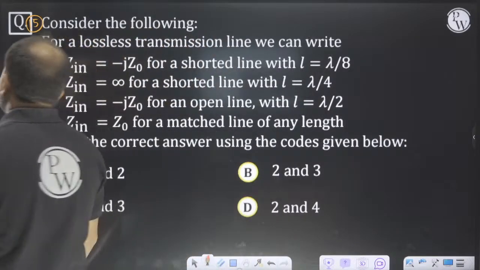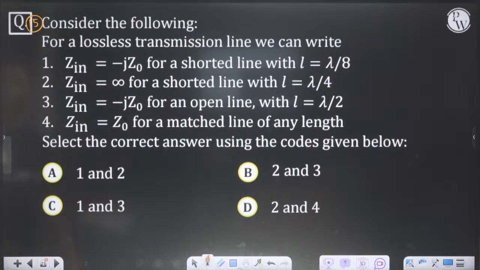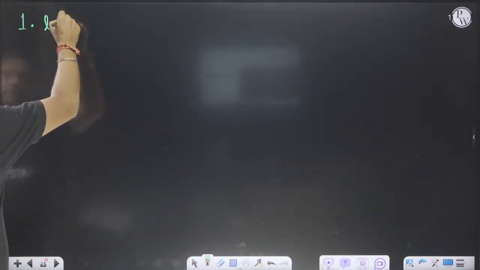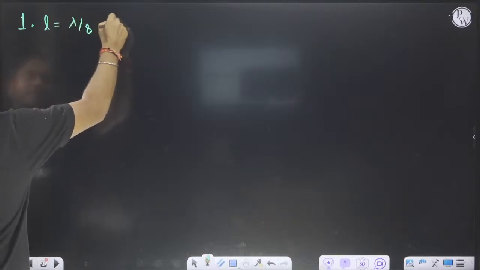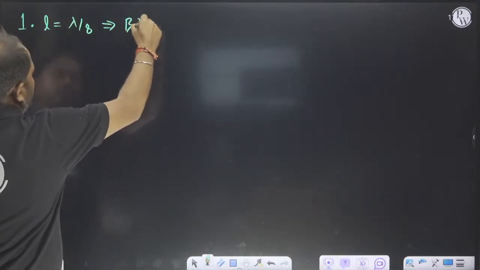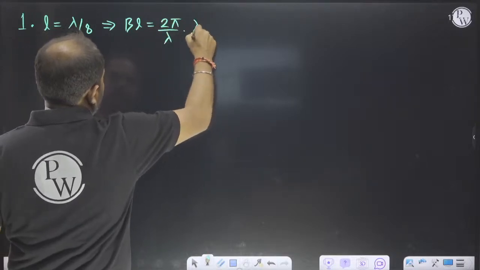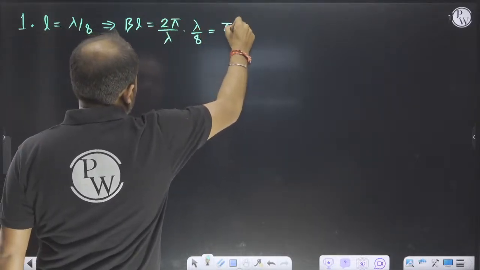What have they given? Zin they have given. Zin is equal to jZ0 at length, for short circuited, open circuited and matched line. So we are trying to find out. First case, our length will be lambda by 8. In case of lambda by 8, beta L will be equal to 2 pi by lambda into lambda by 8, that will be equal to pi by 4.